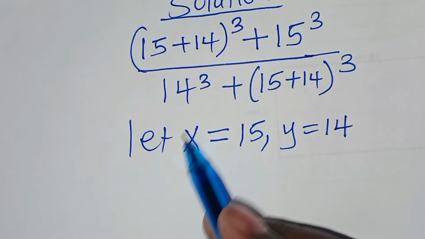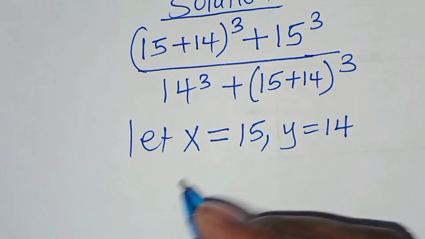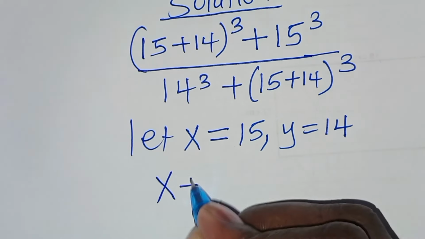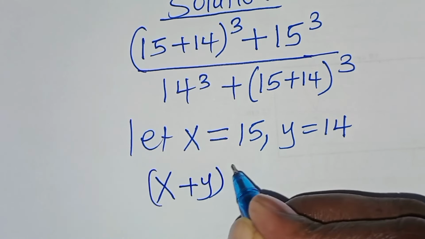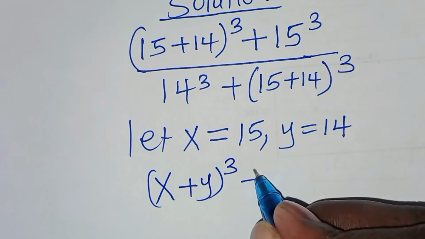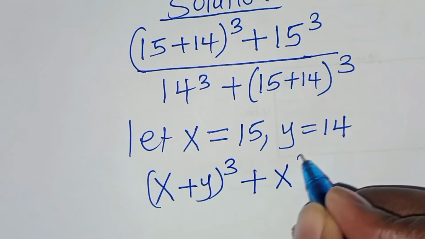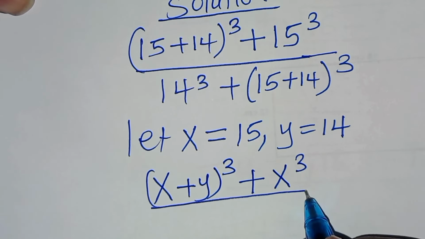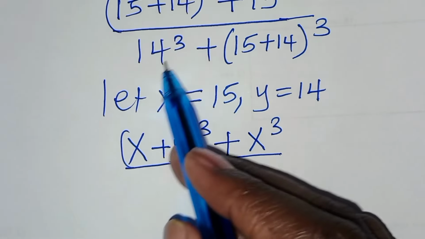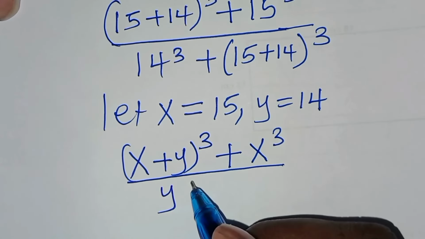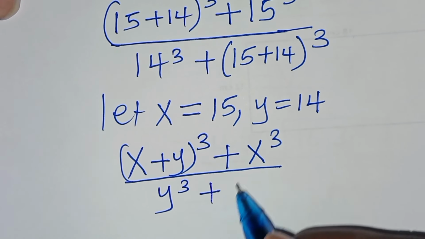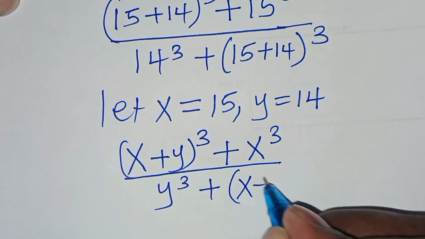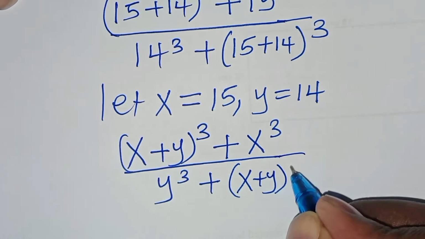Substituting these values of x and y here, we have x plus y to power 3, then plus x to power 3, divided by y to power 3, then plus, again, x plus y to power 3.